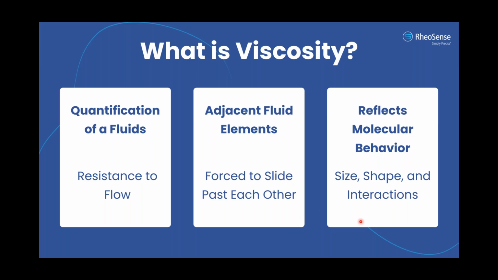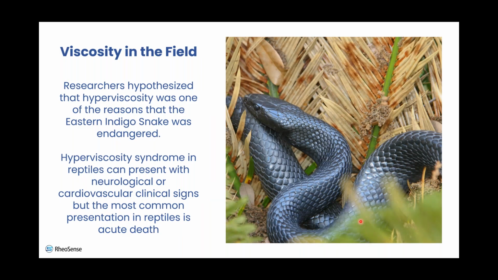Since we're talking about viscosity of blood serum, we'd like to share with you a cool application with blood viscosity. Our colleague, Dr. James Bogan, with Florida Zoo Botanical Gardens, has been researching this endangered eastern indigo snake. This snake is native to the southeastern region of the United States, and he hypothesized that a high blood viscosity or hyperviscosity is contributing to the species' endangerment.